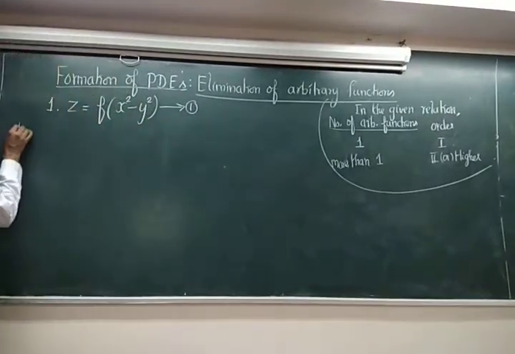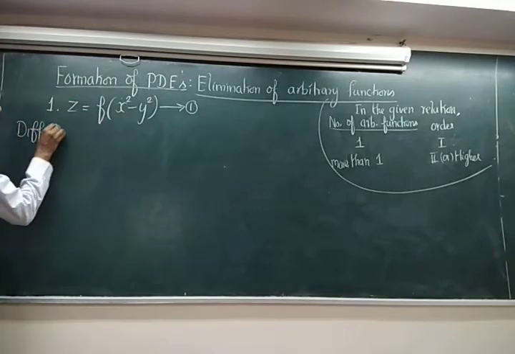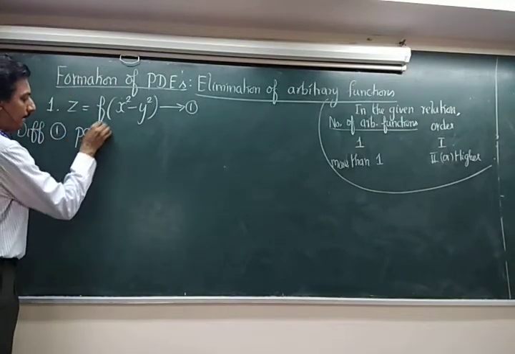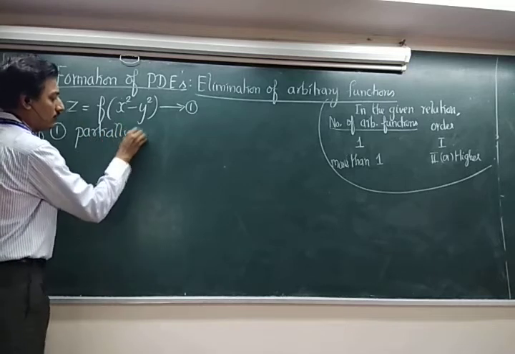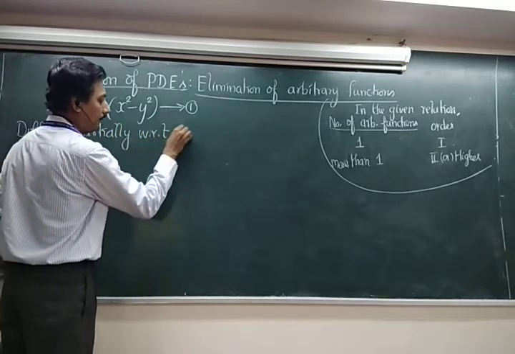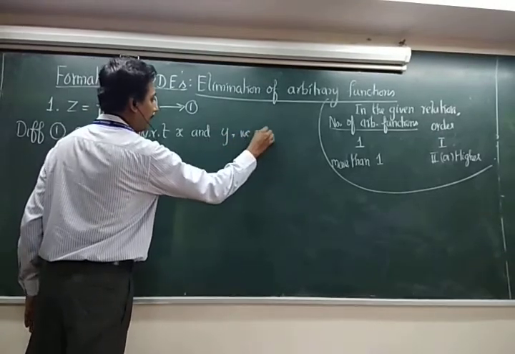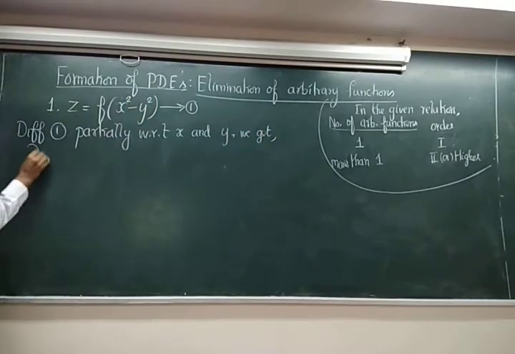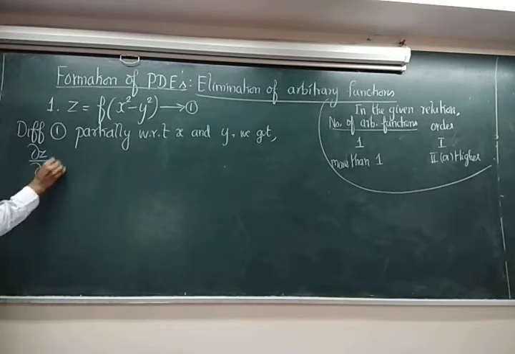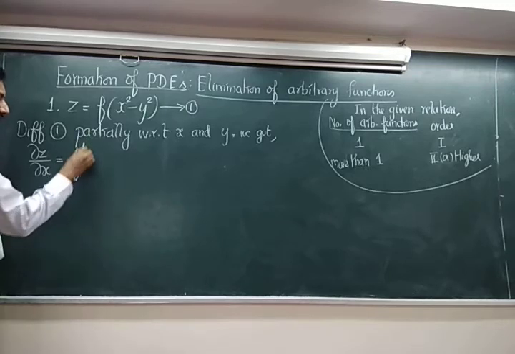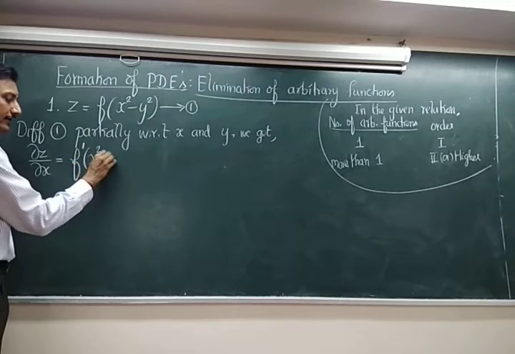I am going to differentiate equation number 1 partially with respect to x and y. Partially with respect to x, we get the left hand side dou z by dou x. The right hand side is a function of x squared minus y squared, so it is f dash of x squared minus y squared.